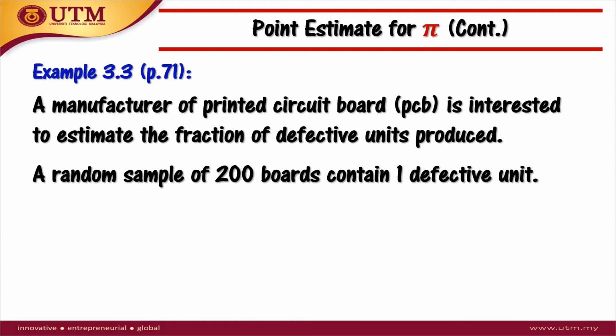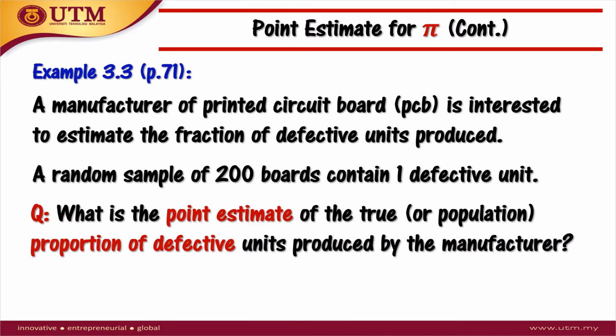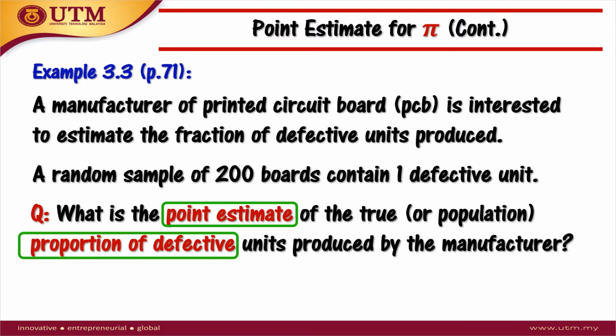Here, the word fraction is another terminology that we can use to represent the proportion. The question that we want to address in this slide is, what is the point estimate of the true or population proportion of defective units produced by the manufacturer?